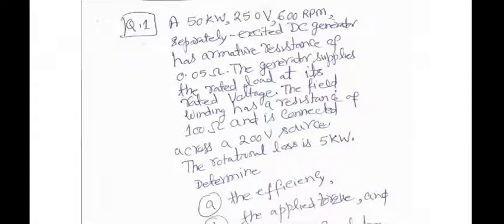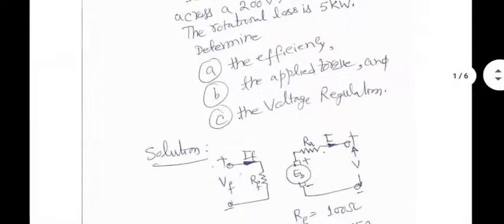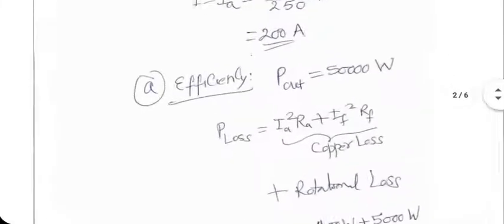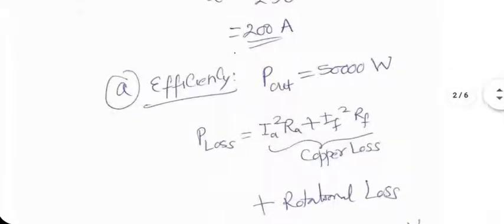So you calculate copper loss, which means Ia squared Ra plus If squared Rf, and to that you add 5,000 watt, the mechanical loss. That will be the total loss. The equation is: P loss equals Ia squared Ra plus If squared Rf plus rotational loss, plus iron loss if we were given some value. But we have not been given any value, so let's assume it's not there.